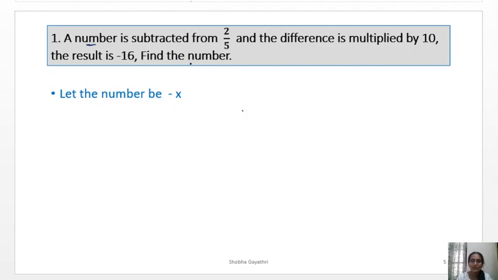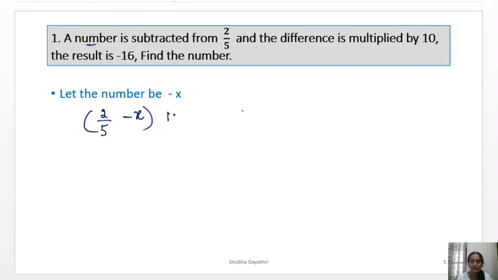How to find the number? You don't know the number. Let us assign the variable x for the number. The number is subtracted from 2 by 5. So let me write x is subtracted from 2 by 5. And this is the difference, so you have to bracket it.